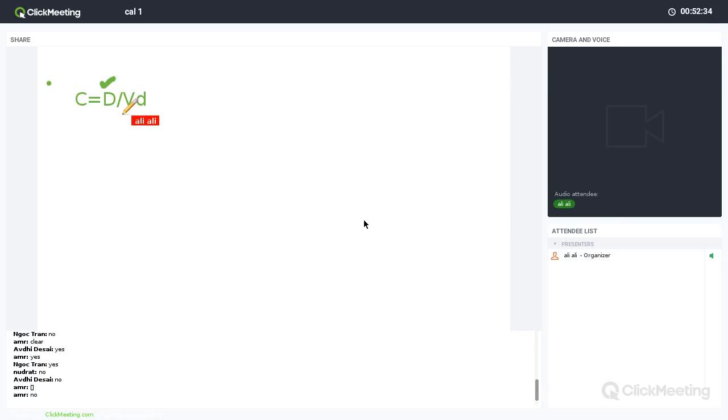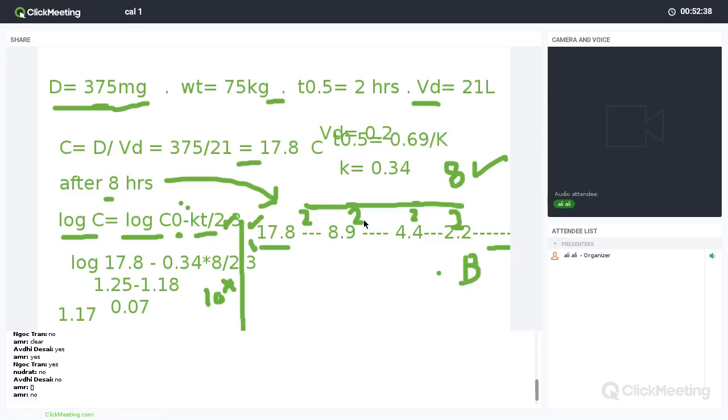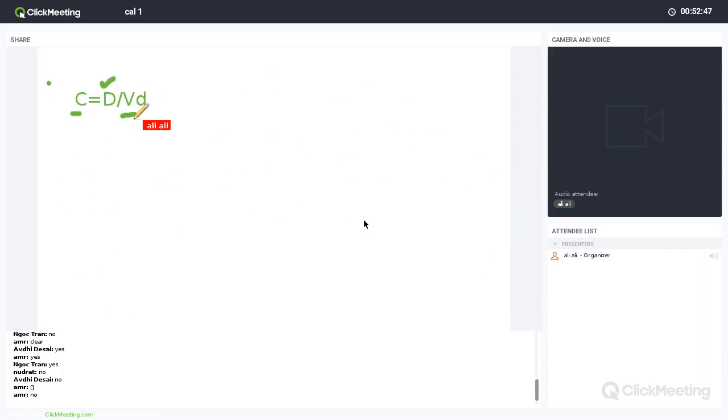I have the volume of distribution. I have the concentration already, which I calculated in the previous question. So this is the first approach, which, as I told you, we have two approaches. Now I know the concentration already from the previous question.